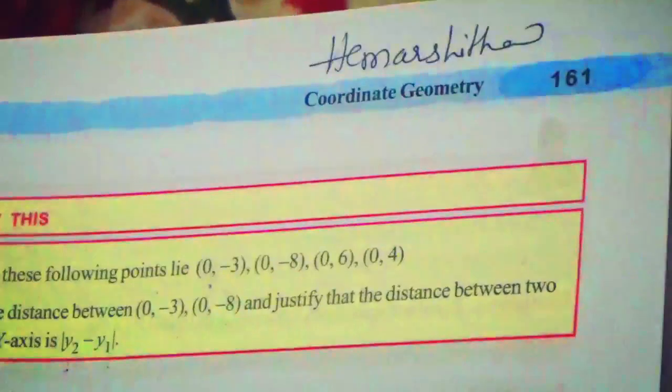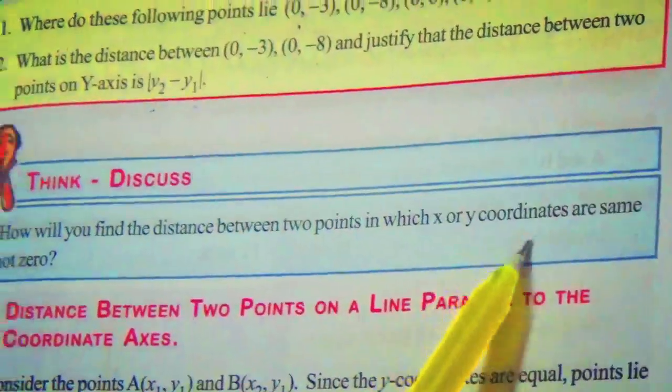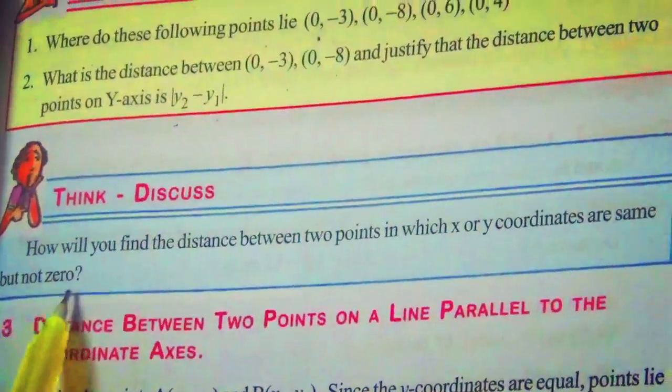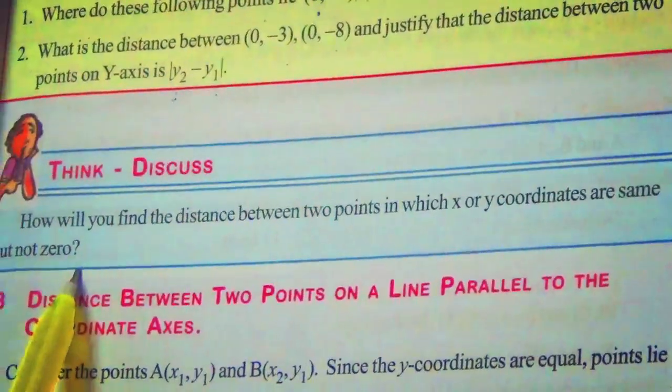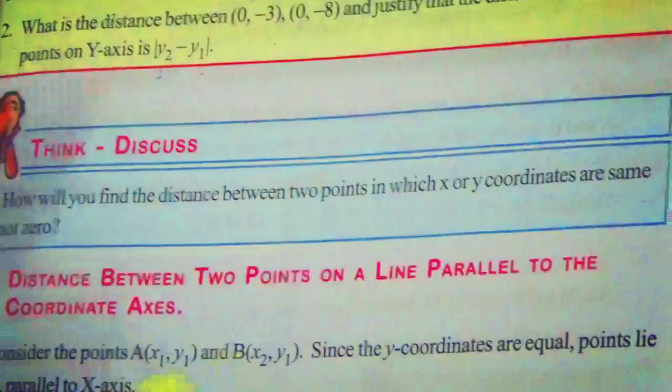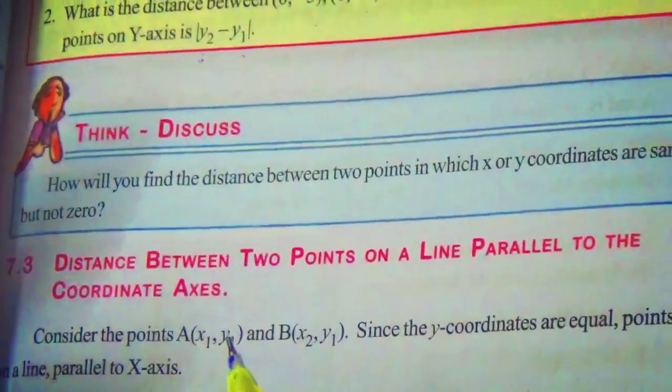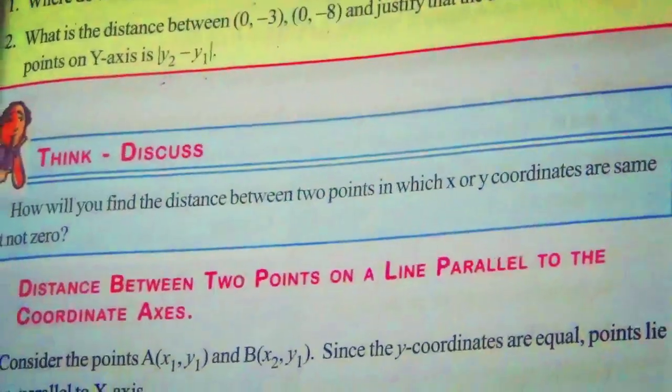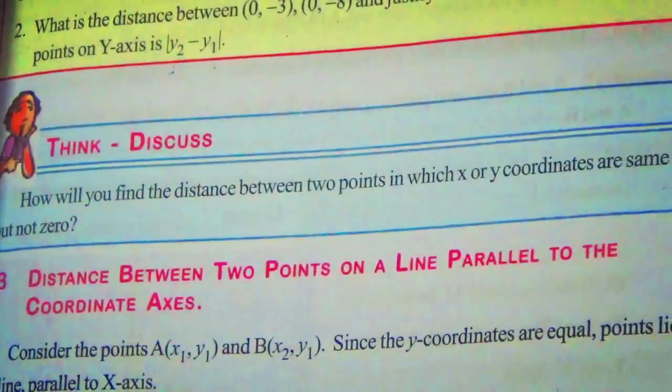Okay, next, think and discuss. In page number 161, think and discuss. How will you find the distance between the 2 points in which x or y coordinates are same but not 0? What he was telling is that if the x coordinates are same, then what is the formula?